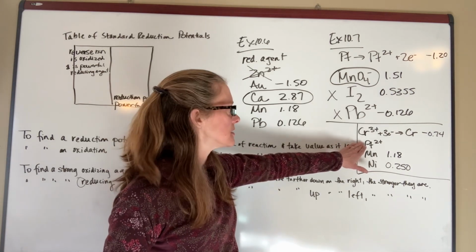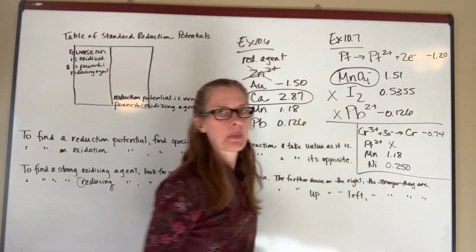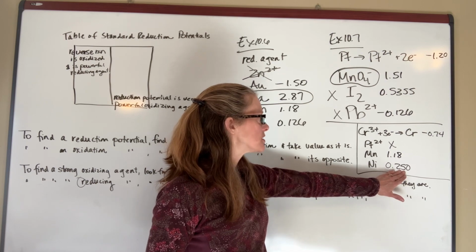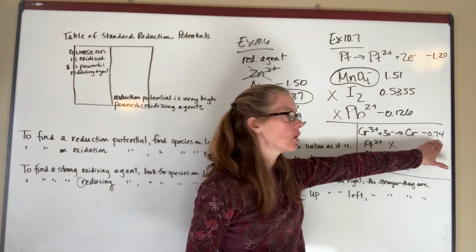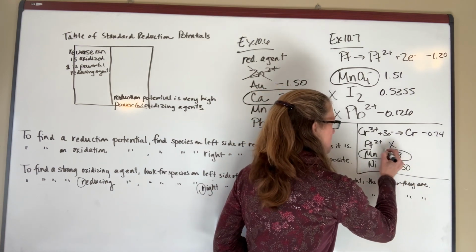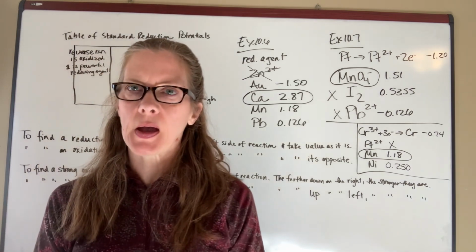It's going to be a product, and this has to be a reactant in order to make it work. So this one isn't even a possibility at all. This one has a potential that's too low in order to overcome the negative of this one. So that means my manganese is going to become my only choice to make that reaction run, okay?